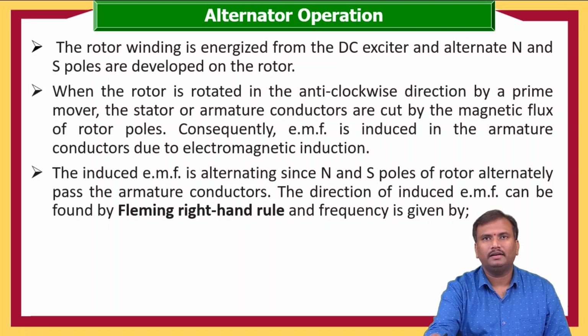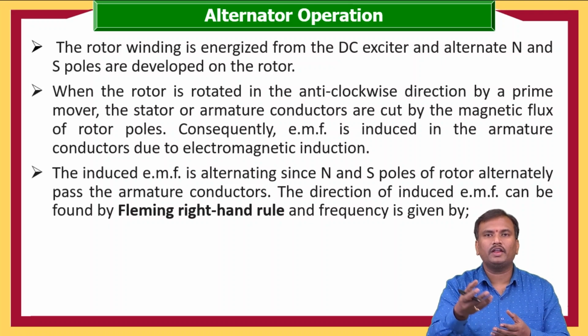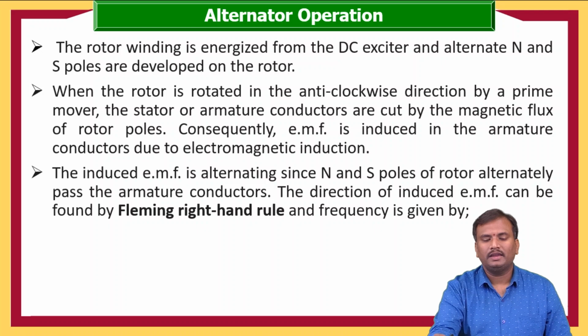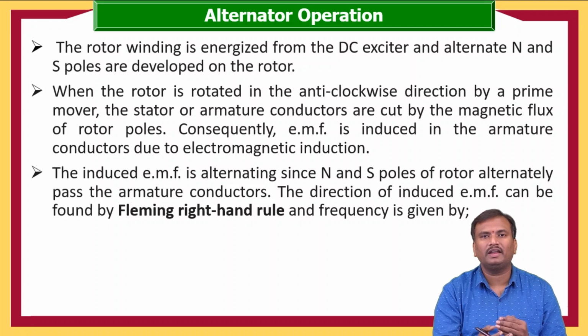When the rotor is rotated in the anti-clockwise direction by a prime mover, the stator or armature conductors are there, because the rotor is developing the flux with north and south poles.